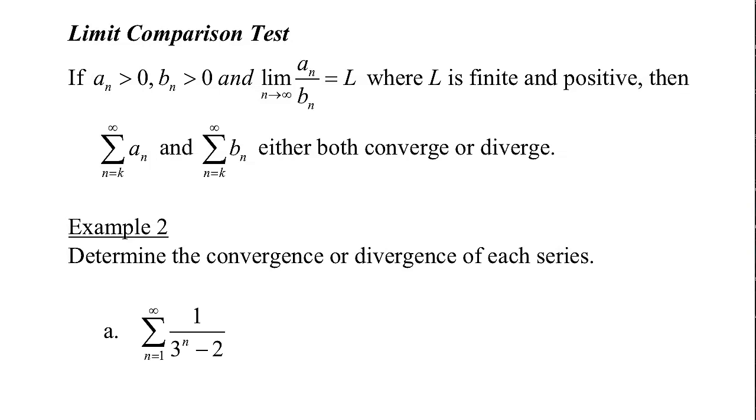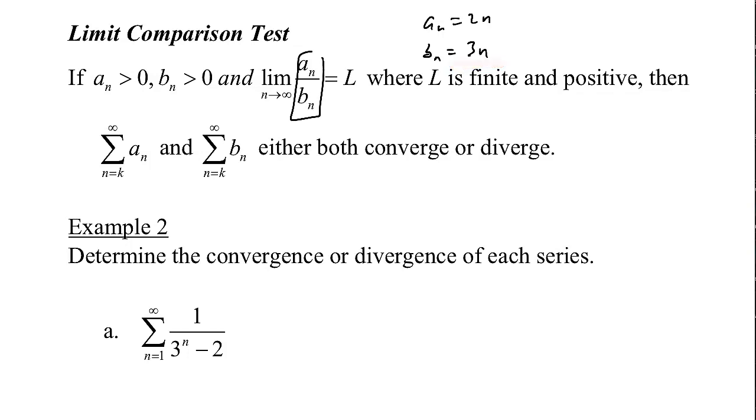The limit comparison test is a little bit more powerful to me than the direct comparison test. It's a little bit nicer. The reason is that if we have two positive series, just positive numbers, and I take the ratio of the two, say one of my series is 2n and the other is 3n, I know 2n is going to diverge, that's getting bigger.